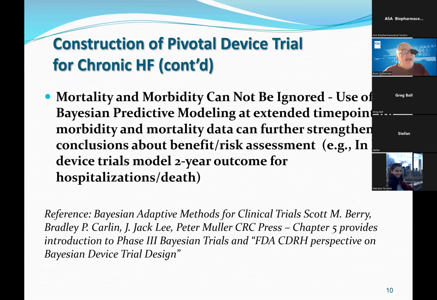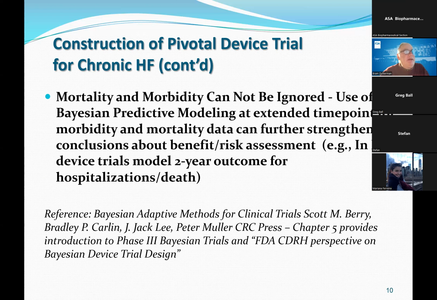This isn't to say that the FDA Center for Devices Cardiovascular section ignores mortality and morbidity at stage 1. In fact, we usually insist upon some type of predictive modeling at an extended time point for morbidity and mortality data to further strengthen conclusions about the benefit risk assessment.